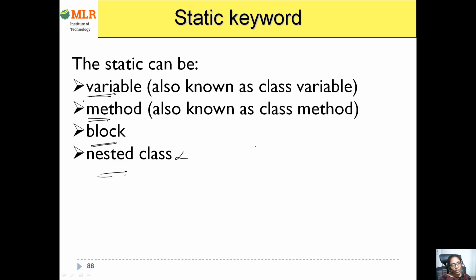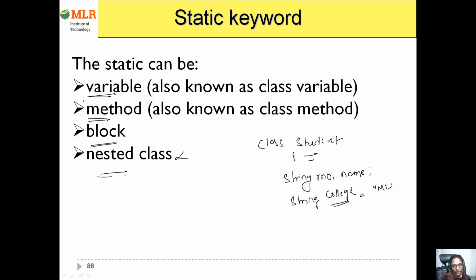So which data should I declare as static? Whichever is common for all the objects. For example, I am creating a class called Student, in which I have roll number, name, and college name. If I am writing this Student class for single-college students, then the college name will be the same for all the students.